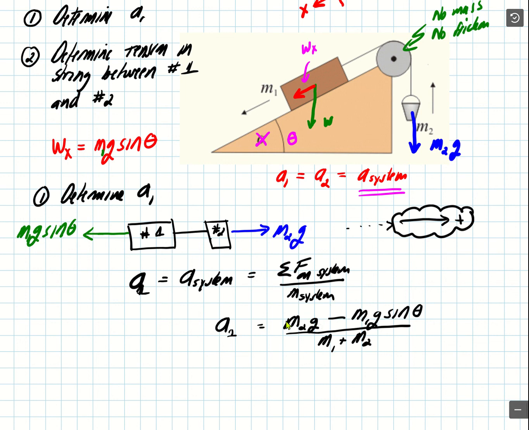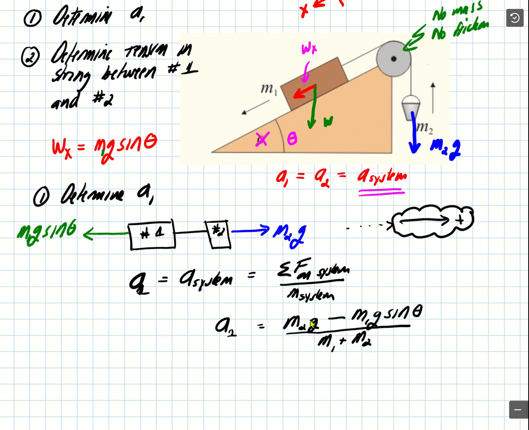Okay, so if this ends up being negative, sorry about that. If this ends up being negative, then that means it's going to go down the ramp. Because if this guy, which is the x component of gravity, is bigger than the gravity force on number 2, then it's going to go this way, which is negative, and for the real problem, that means it would go down the ramp.